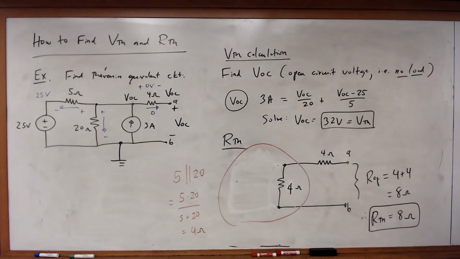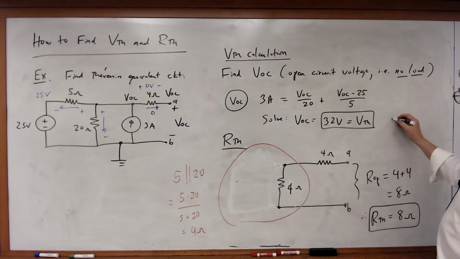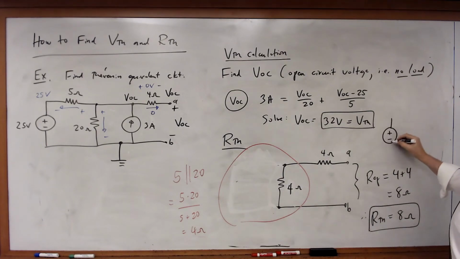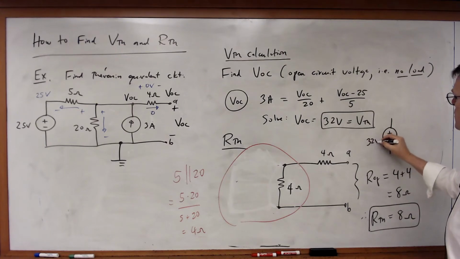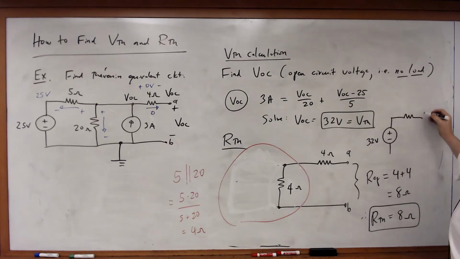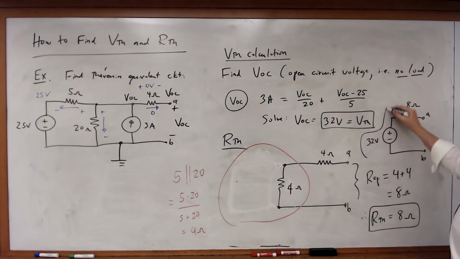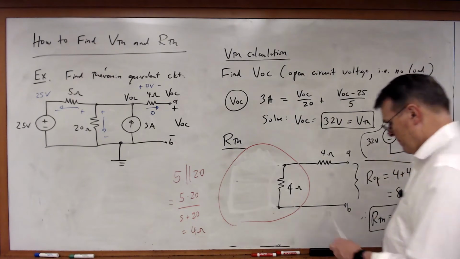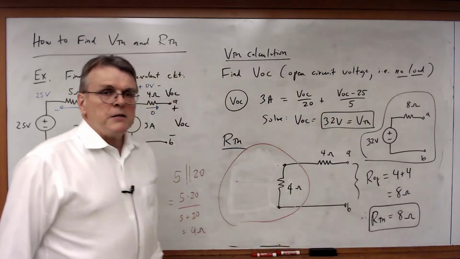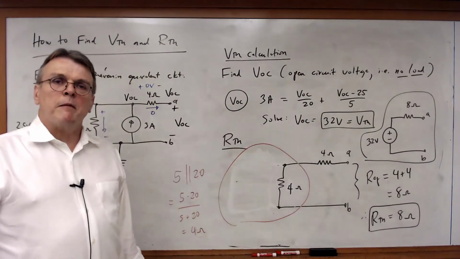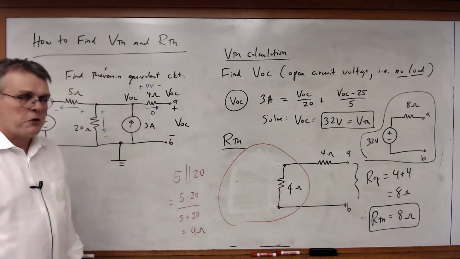That is my Thevenin equivalent circuit. My Thevenin equivalent circuit is composed of a 32 volt source in series with an 8 ohm resistor. So that is Thevenin's theorem applied to a linear circuit in a nutshell.